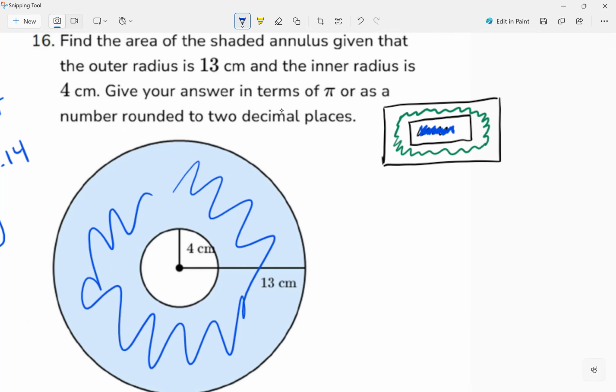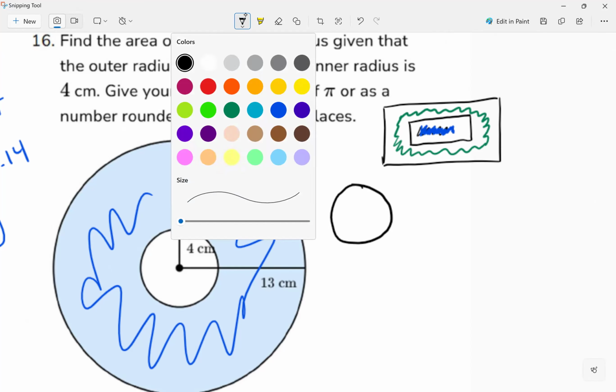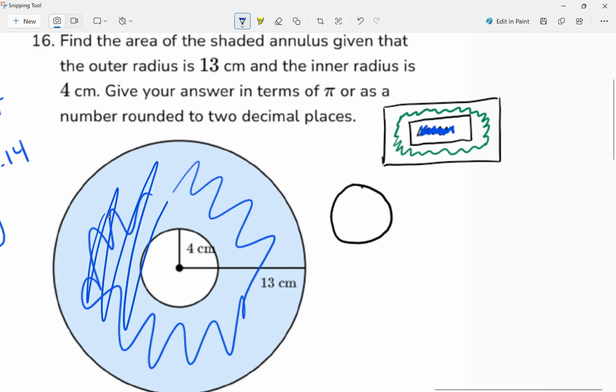If you notice, both shapes have, in our homework, a big circle and a small circle inside. For the state testing, they do a big rectangle and a small rectangle on the inside. In reality, what I'm gonna do for our question is get the area of the big circle, so that will give me this whole thing.